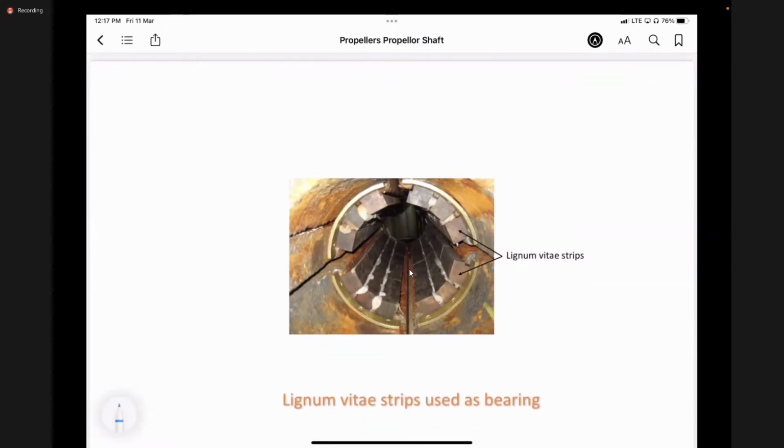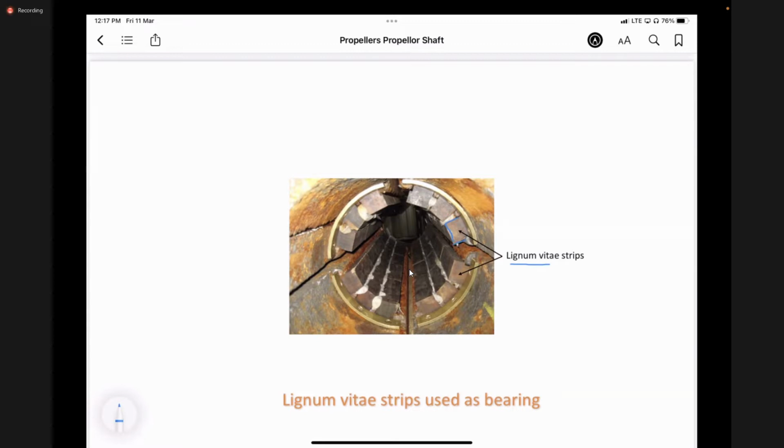Inside this, we will have this wood. These are wooden blocks, but this is a slightly older one. Nowadays, not every ship uses wood. There is this wood called lignum vitae. This is very hard, and it is used inside the stern tube.